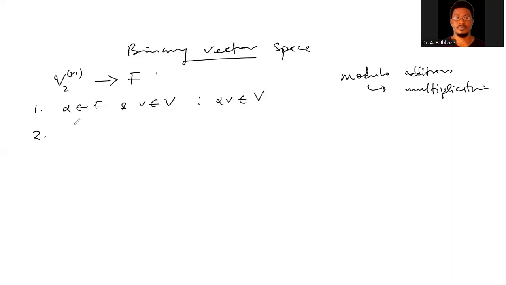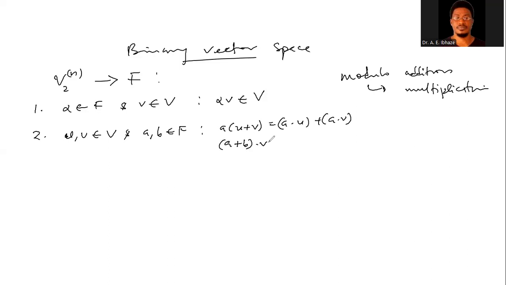So another condition is that if, for instance, U and V are elements of the vector space, and A and B are elements of the finite field, then A times (U plus V) is going to be the same as A times U plus A times V. And also, (A plus B) times V will be the same as A times V plus B times V, satisfies the distributivity law.